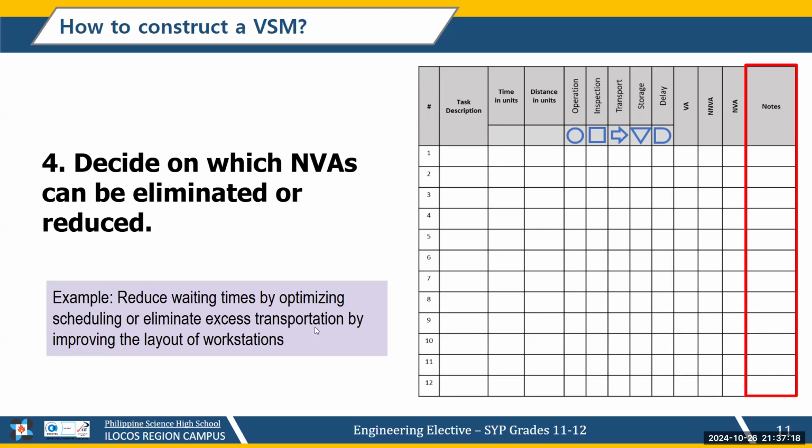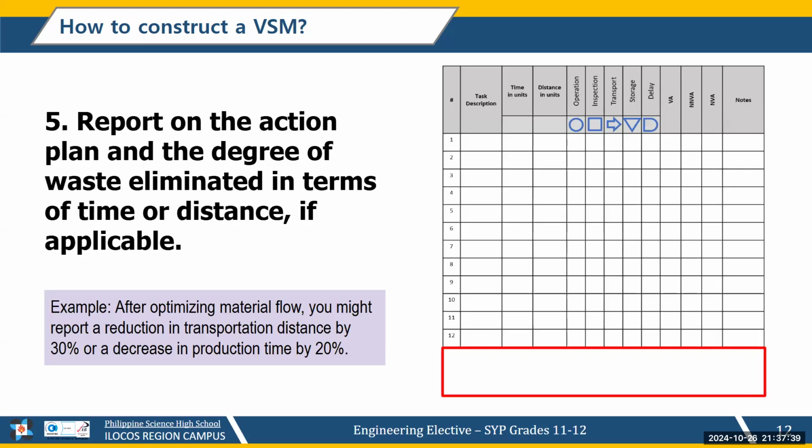Example, if you have identified a delay or waiting type of waste, you can reduce that waiting time, and your recommendation would be to optimize scheduling or eliminate excess transportation. So those are some examples. And 5, report on the action plan and the degree of waste eliminated in terms of time or distance if applicable.